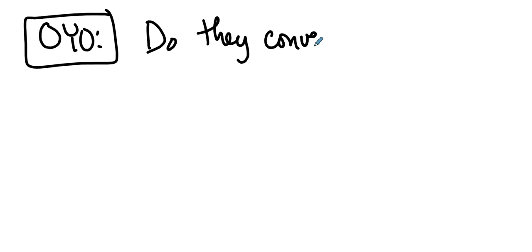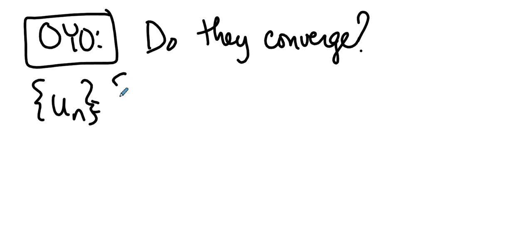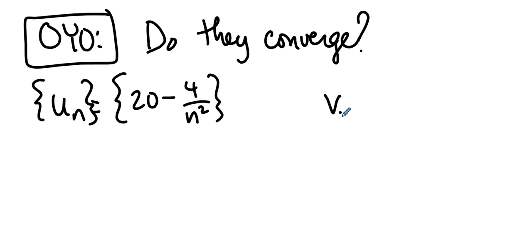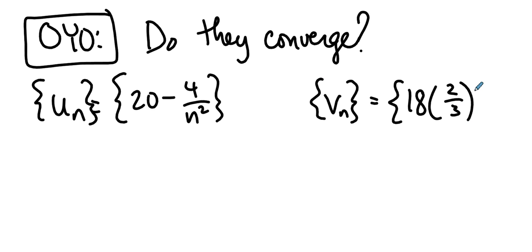So for you to think about, do they converge? The sequence u sub n, which happens to be the sequence 20 minus 4 over n squared. The sequence v sub n, which happens to be the sequence 18 times (2/3) to the n minus 1.